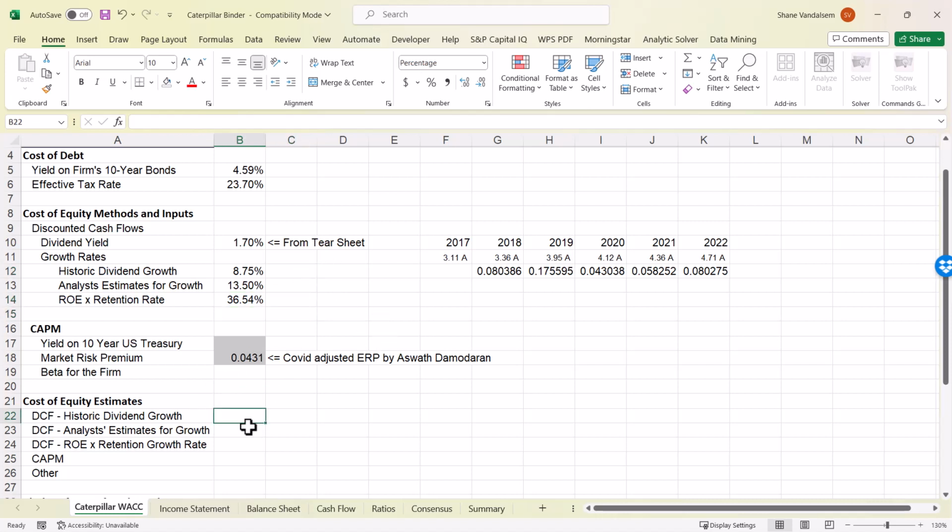And so now I'm going to go down below here where it says cost of equity estimate. So right up here, we're just looking at the growth rates. For this, we're just going to add the dividend yield to that growth rate to calculate the cost of equity estimate. So I'm going to take equals 1.7 plus that historic dividend growth rate of 8.75%.